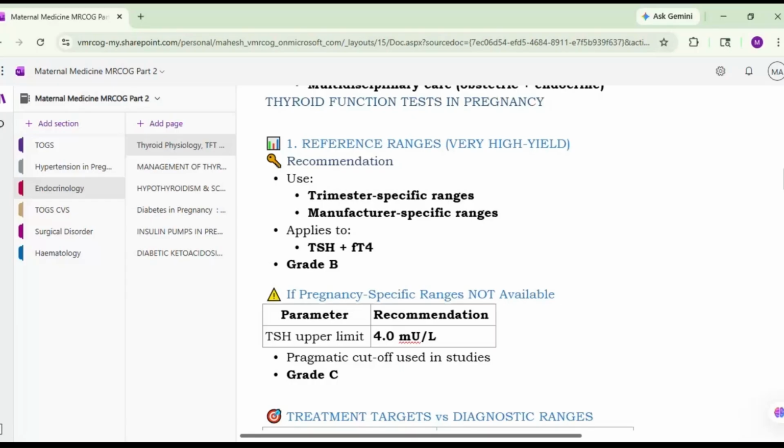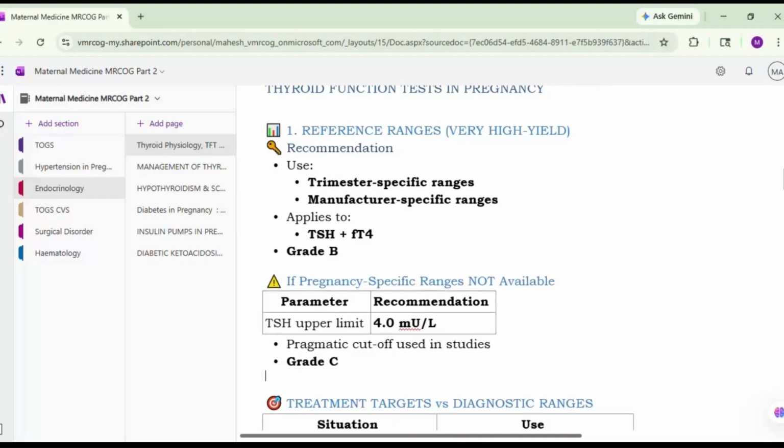Okay, so what is recommended for pregnancy? Always use trimester specific ranges and manufacturer specific ranges, and this is applicable for TSH and FT4. So when we screen these patients, we do these tests, TSH and FT4, and we should use the trimester specific range and the manufacturer specific range.